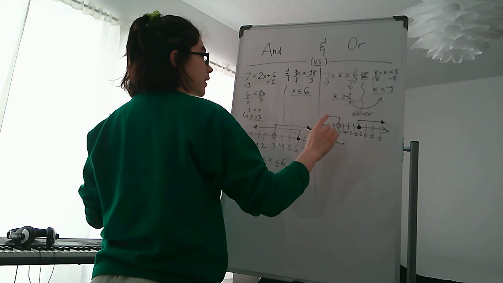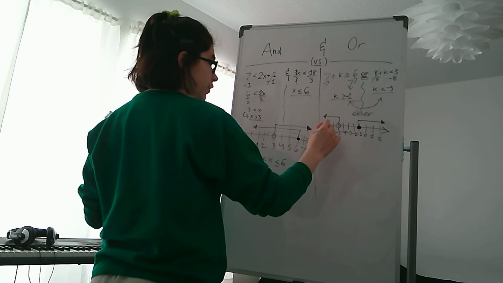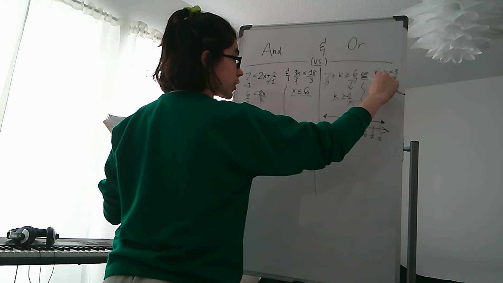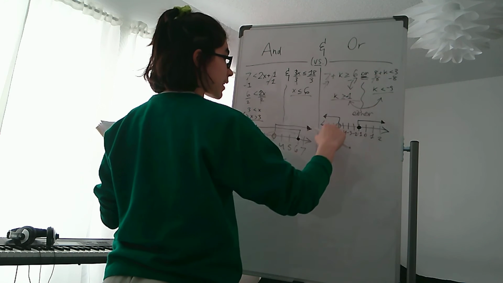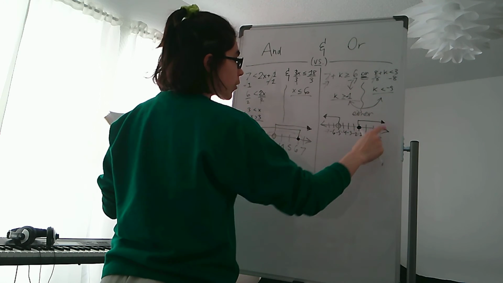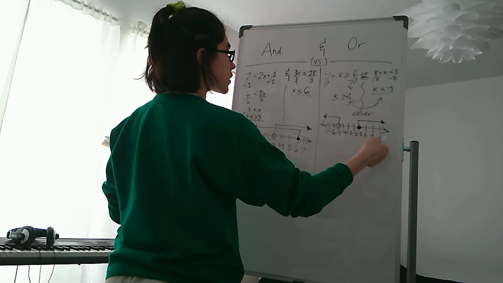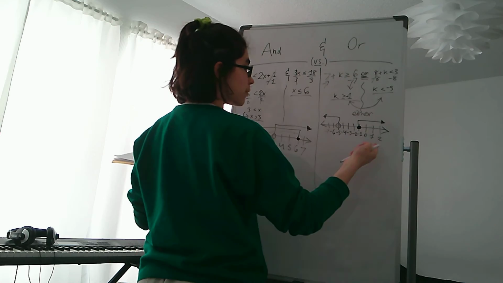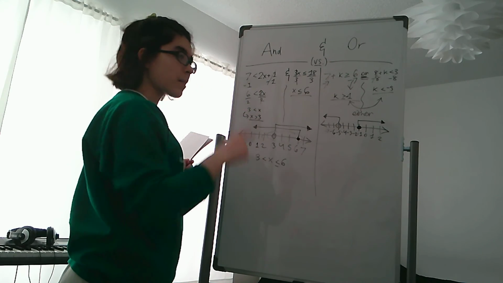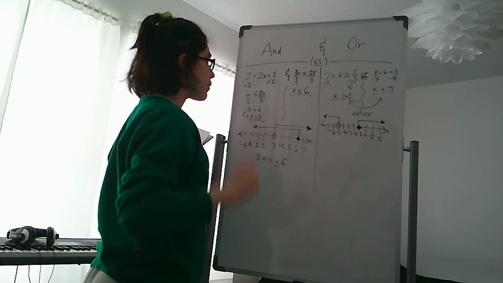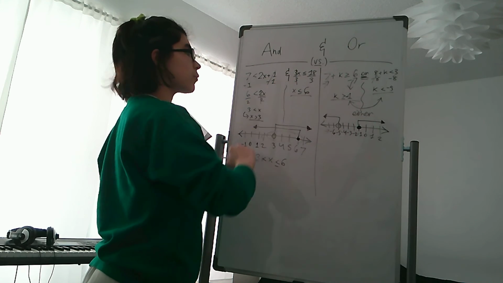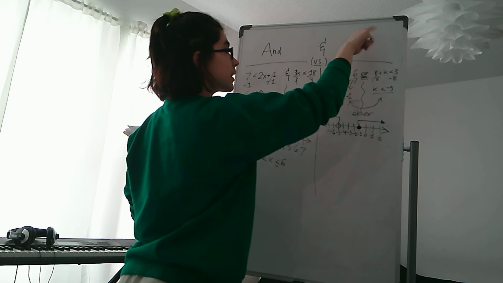So if I pick a solution over here like -7, that is going to satisfy this inequality, because -7 is less than -5. Or if I go over here and I pick k equals 0, that'll satisfy this inequality because 0 is more than -1, right? So I am making one inequality true, but not both. Making both inequalities true means it would have to be an and inequality, but an or is just at least one.